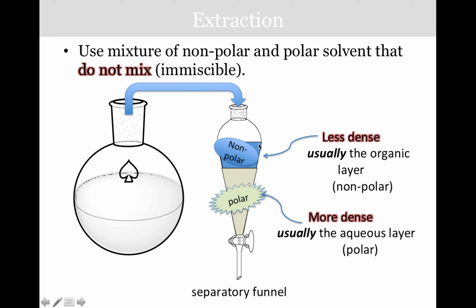But it depends. If you have halogenated organic solvents, like including chlorine, bromine, they are going to be heavier in density. So in that case, they will be more dense than water, and the bottom layer can be the organic layer. So you have to check densities all the time for the solvents.